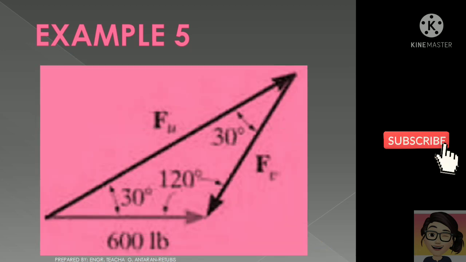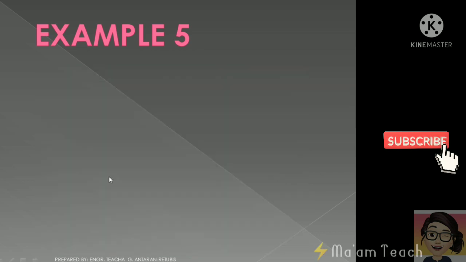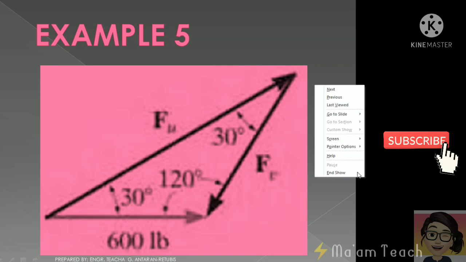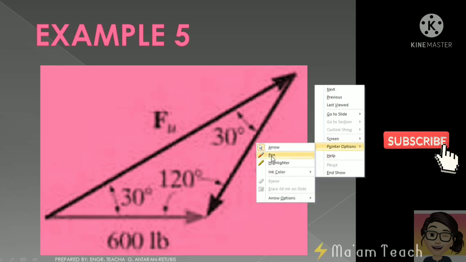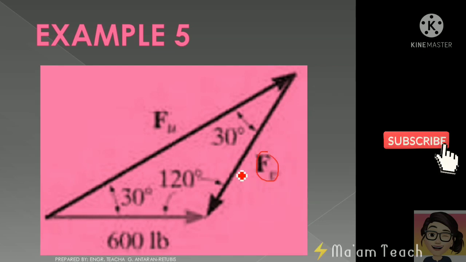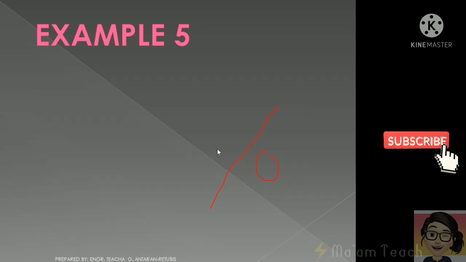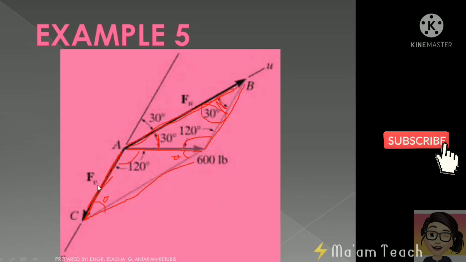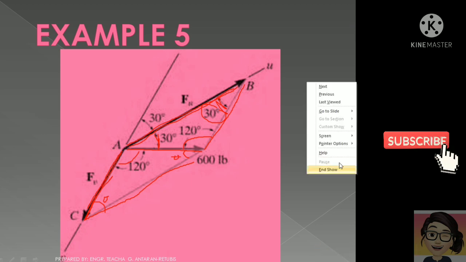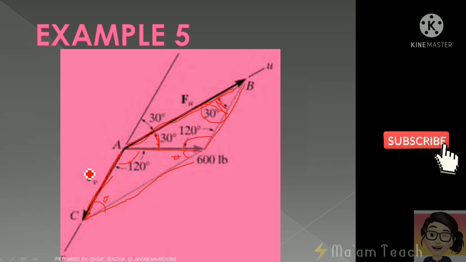Why is it that this f sub p is already here? Going back to the figure, this f sub p is just parallel to this one.